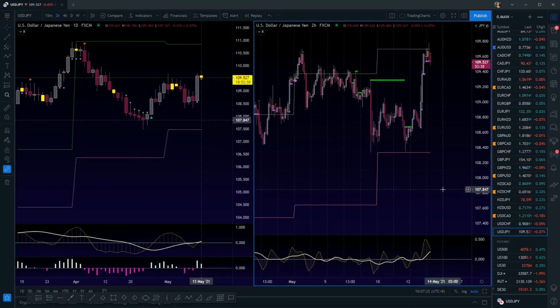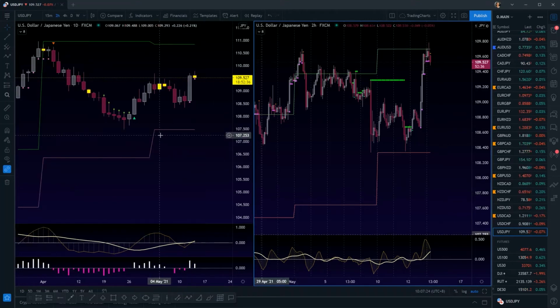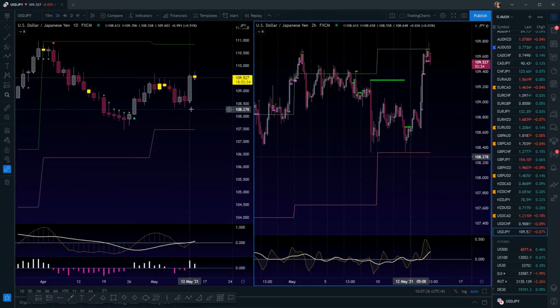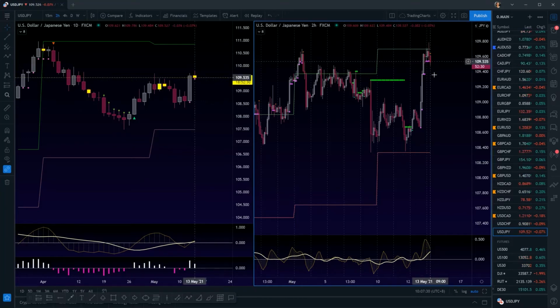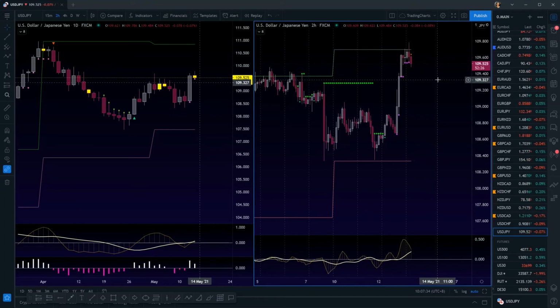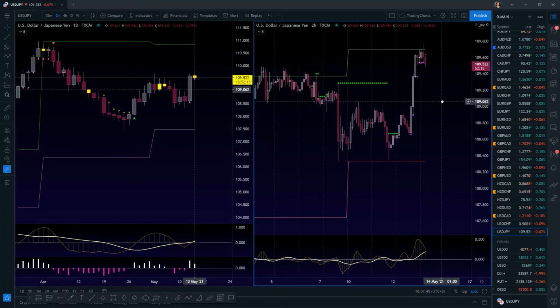US dollar, yen, same. We've got a wide ranging bar. And then hitting this level here, it's quite unlikely to have it reject all the way down. It could happen, but just don't know.